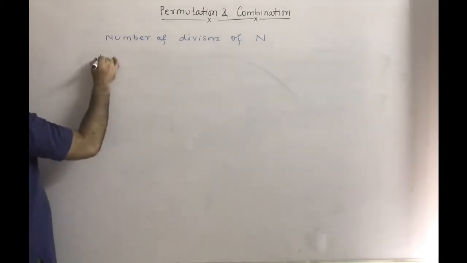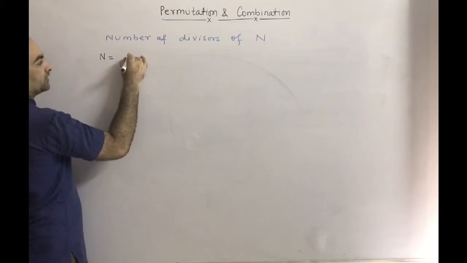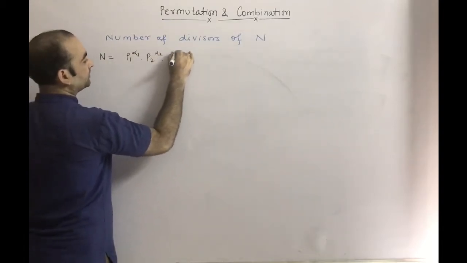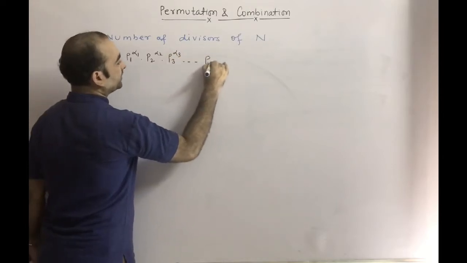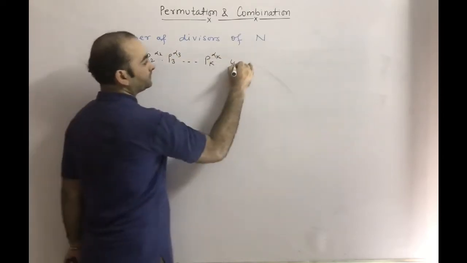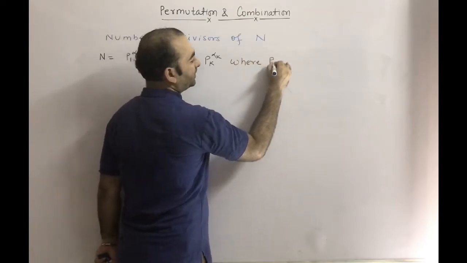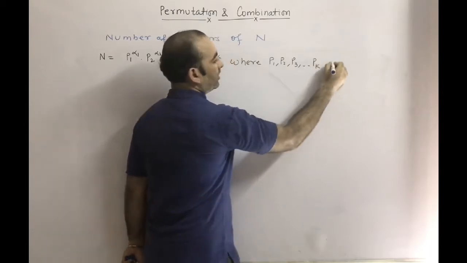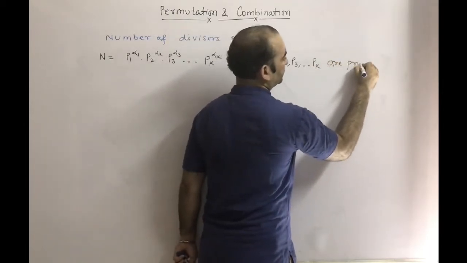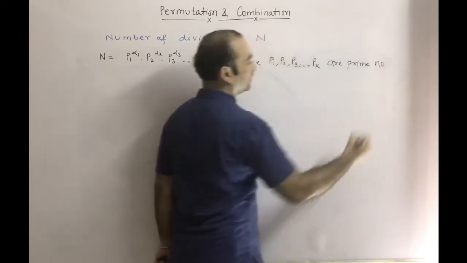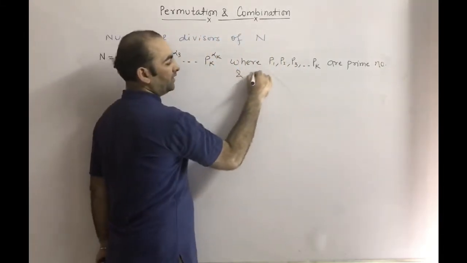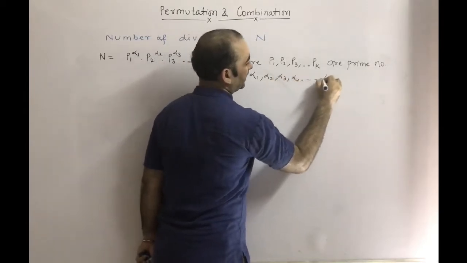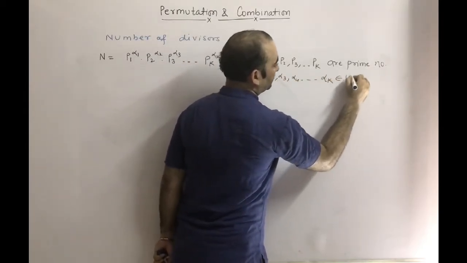So what you will do? First, this natural number n we will write as p1 power alpha 1 into p2 power alpha 2 into p3 power alpha 3 and so on pk power alpha k, where p1, p2, p3 and so on pk are prime numbers, and alpha 1, alpha 2, alpha 3, alpha 4 and so on alpha k belong to whole numbers.